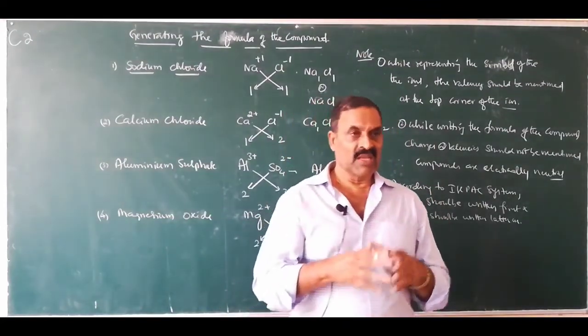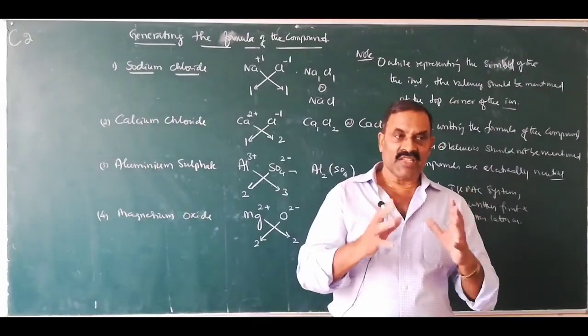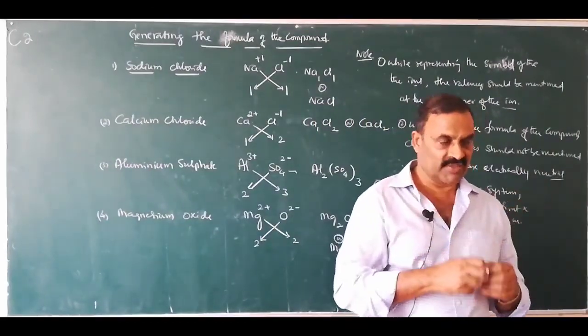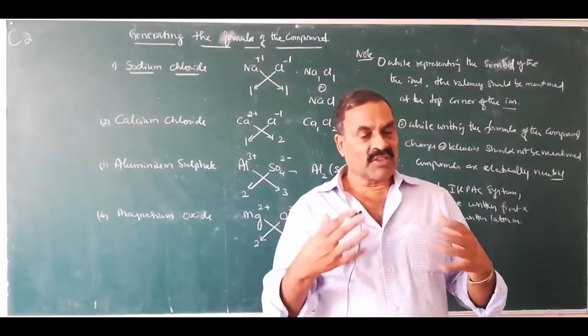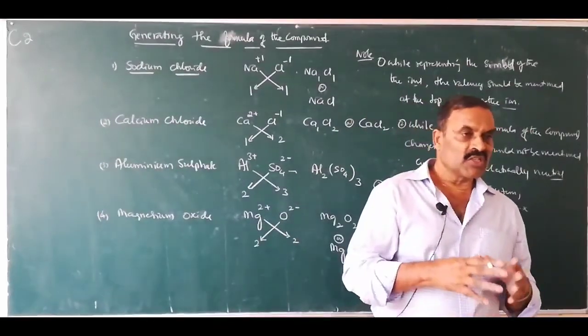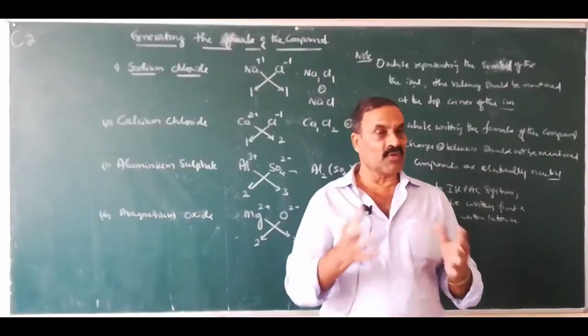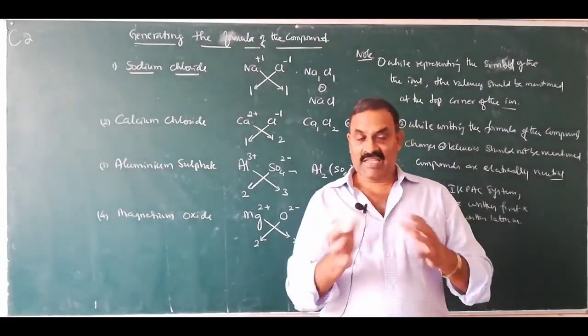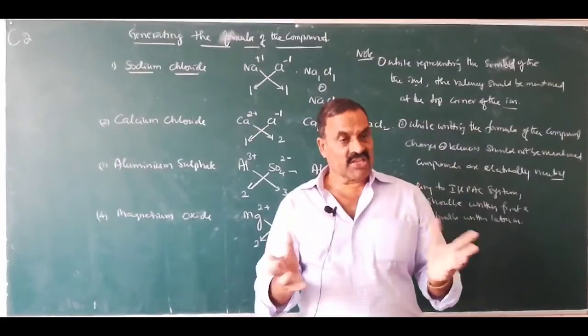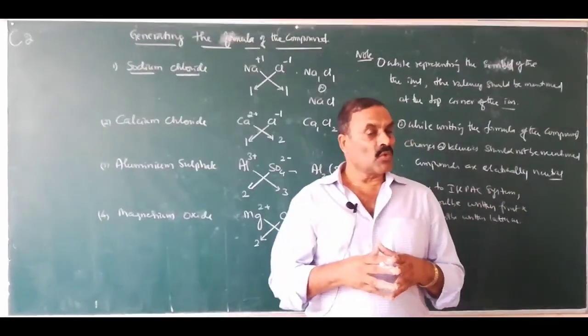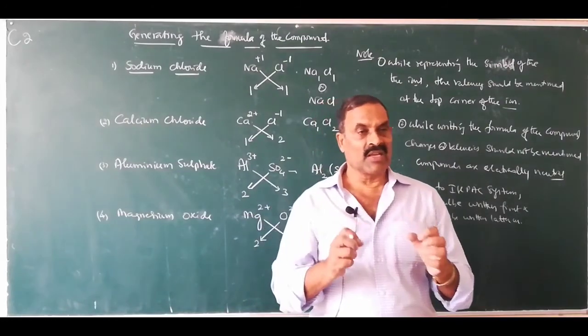That symbolic representation of a chemical reaction is known as a chemical equation. After writing the chemical equation, you have to balance the number of atoms of each element on either side of the reaction. The ultimate equation obtained is called a balanced chemical equation.